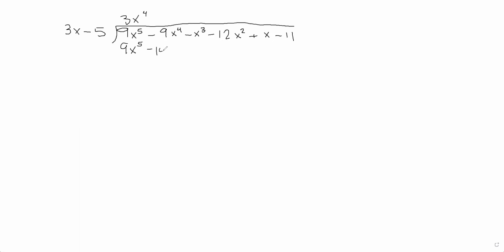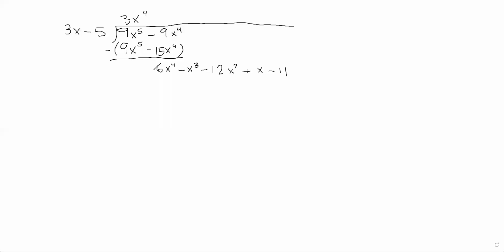We get negative 15x to the 4th, parentheses, and subtract. So this is going to turn into a plus 15x to the 4th. We're going to get 6x to the 4th. And then I'm going to be really lazy and just bring everything down like this, because you would expect nothing else from me.